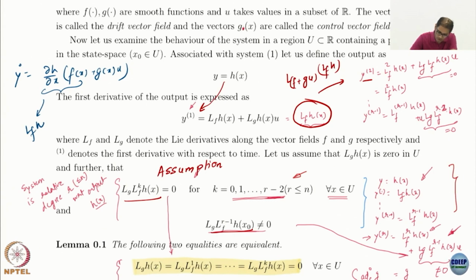You need to get used to this notation. And this along with g is L_g h. So the first derivative of y is L_f h plus L_g h times u. That is pretty simple. This is how the first derivative goes.